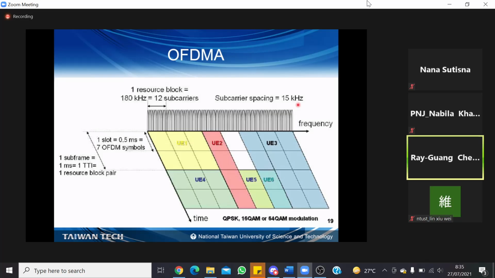When you increase the subcarrier spacing, for example, you double it from 15 to 30, the same amount of data can be transmitted during half of the time. So you are able to shorten the slot duration. So that's the major concept for 5G.